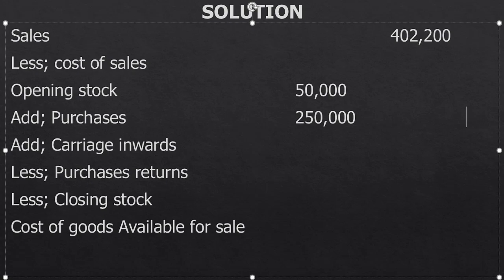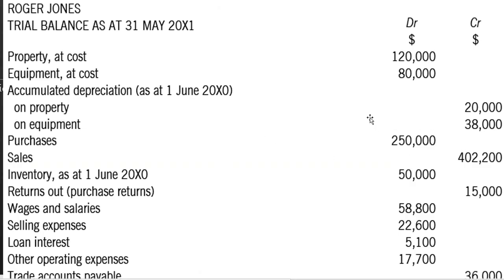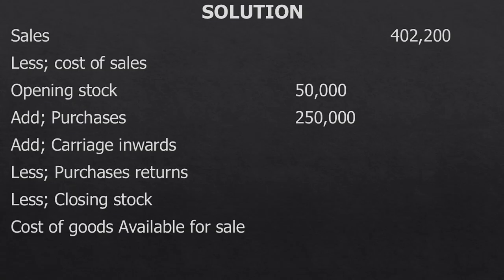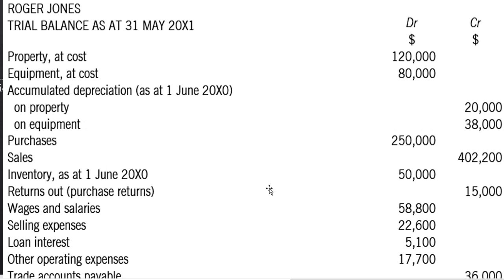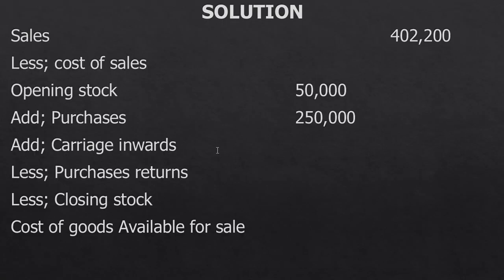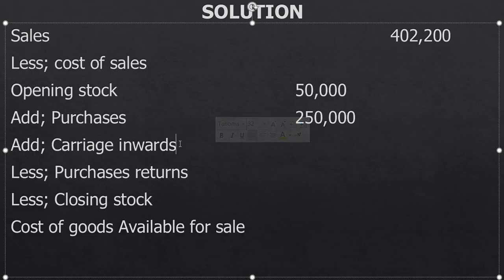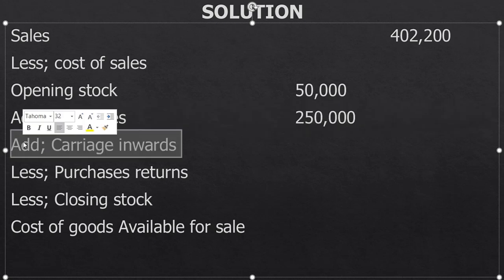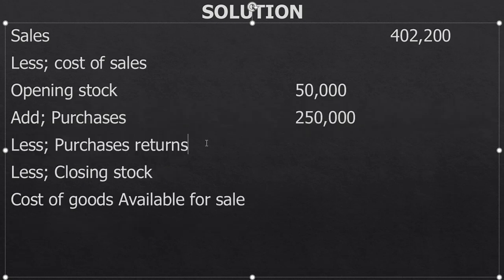Carriage inwards, in this question we don't have, but if it is there, you add it. But we have purchases returns here for 15,000. So I record purchases returns 15,000.